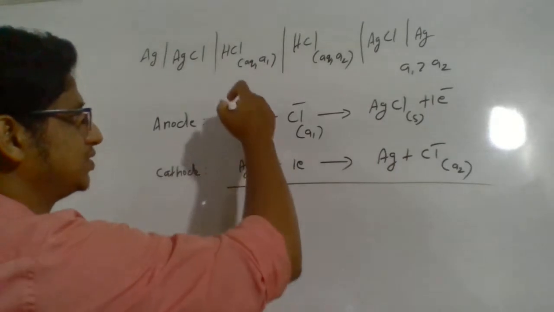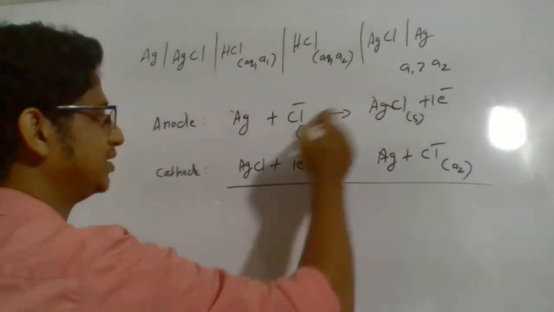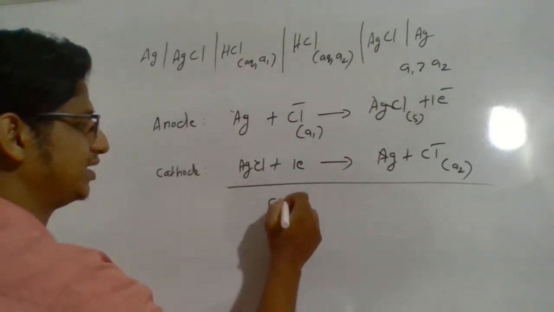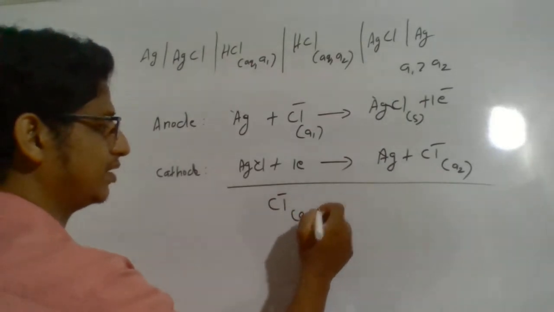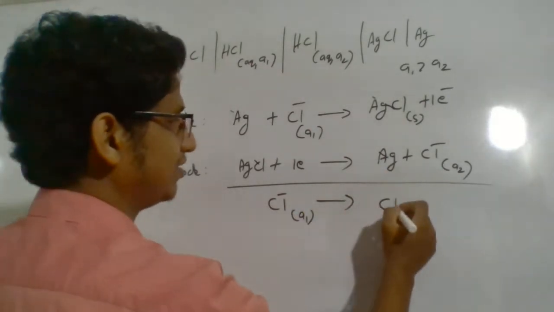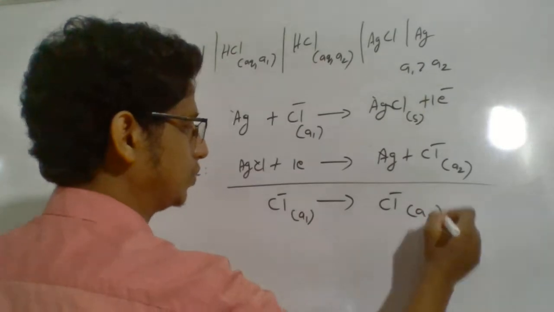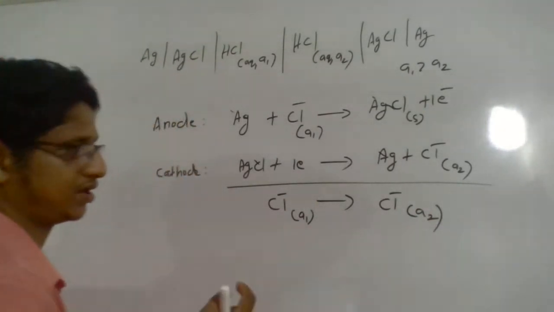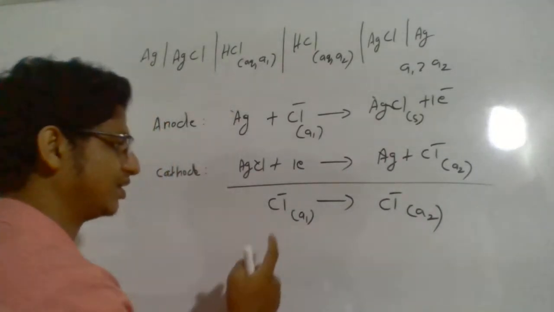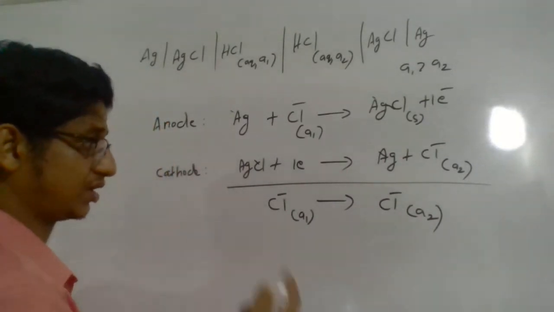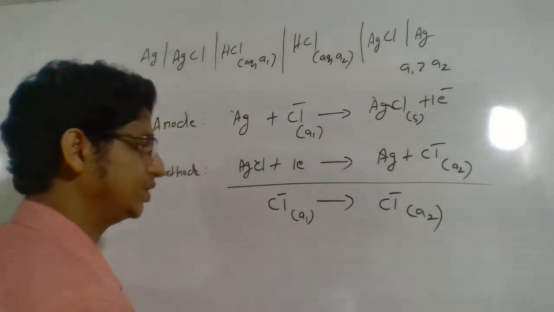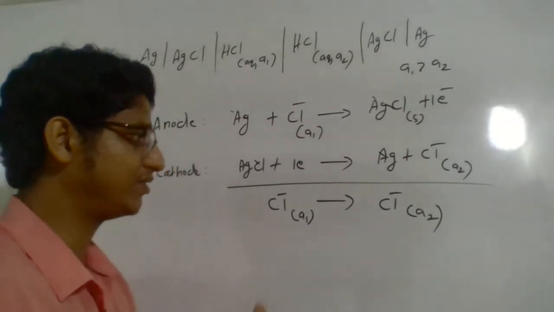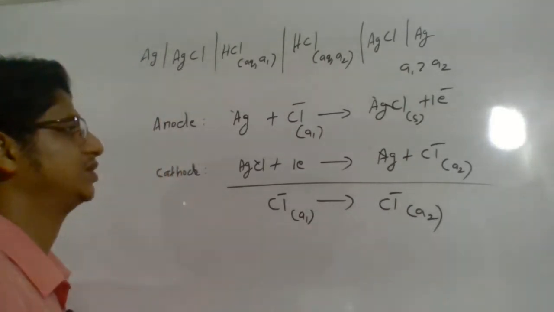So in the overall reaction you will see everything will cancel. What is left is Cl minus aqueous A1 transfers to Cl minus aqueous A2. So the Cl minus is moving from A1 to A2. That's the only difference.